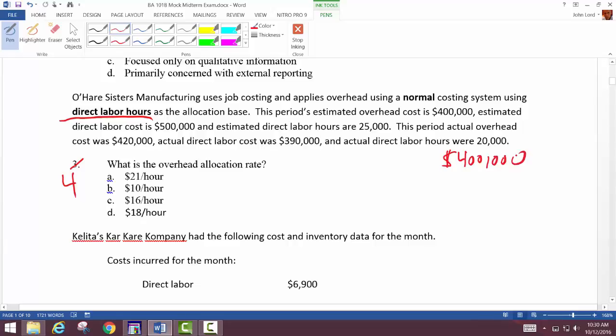Okay. And then they tell me that the estimated direct labor cost is $500,000, estimated hours is 25,000, and if I look at that and I see that we're going to use hours for this, and the estimated hours is what? 25,000 hours. I do the math on that, and I should get what? $16 an hour. C is the answer.